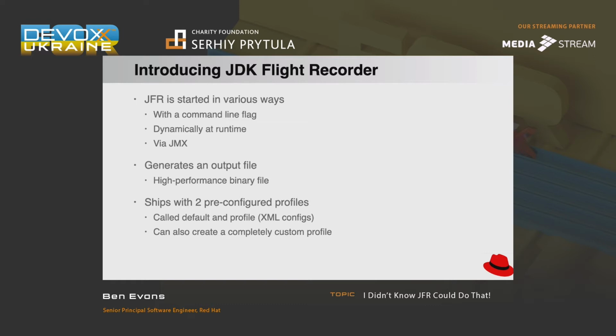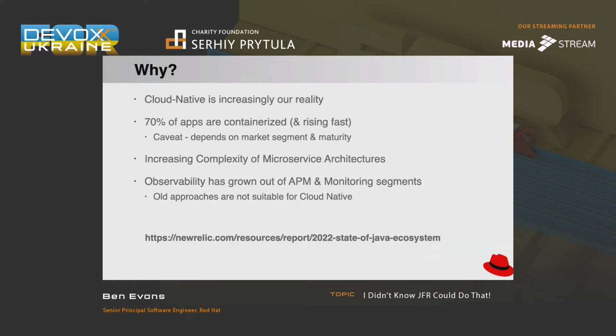One thing we haven't touched on, of course, is the question of why. Why do we need this? Well, because cloud native is increasingly our reality. According to data from New Relic from earlier this year, 70% of Java applications are already containerized. And that number is still rising.